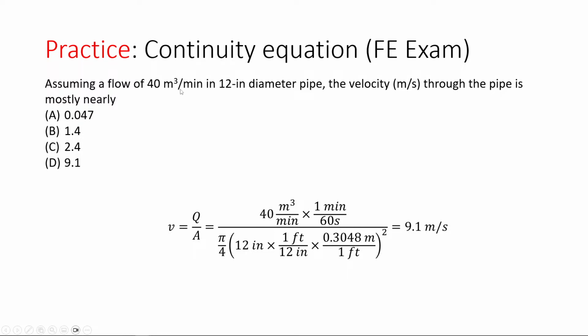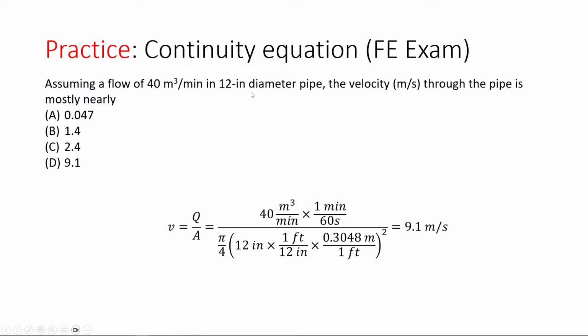For example, how to do unit conversion, and how to ensure that your units are consistent. So here I'm giving you Q in meter cubed per minute and a 12-inch diameter pipe. I'm asking for the velocity through the pipe in meters per second.